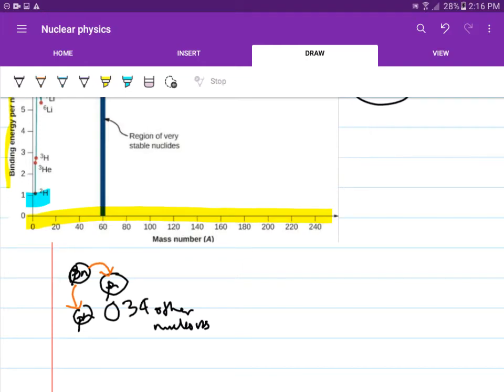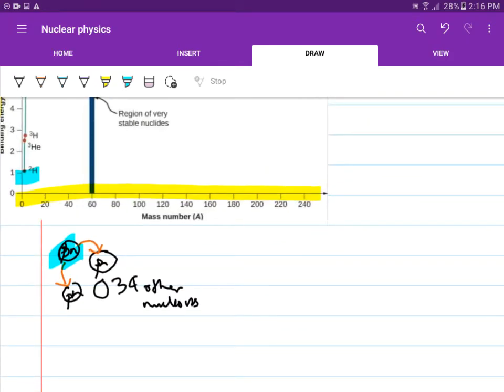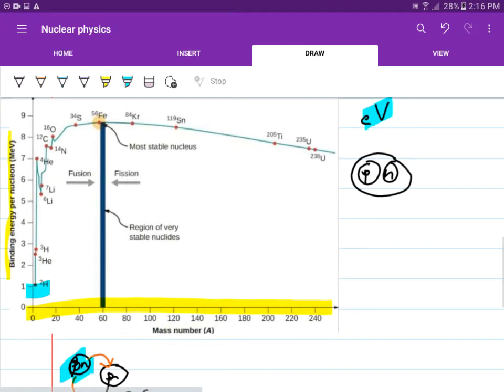So as you increase the nucleon count, or the mass number, in this case, a single nucleon experiences a higher binding energy because of the presence of the other nucleons. As mass number increases, the binding energy felt by an individual nucleon also increases.